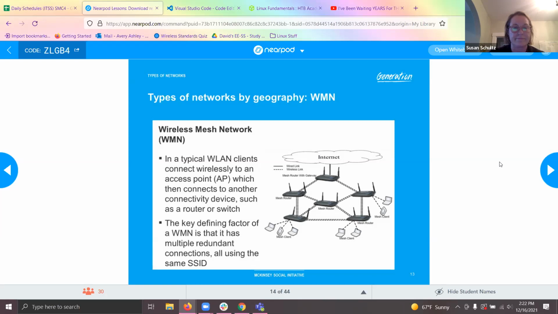Perfect. So we're going to think of our previous mesh network, where everything was directly connected to everything through a physical connection. It's the exact same thing except wireless, which is a lot easier to implement.